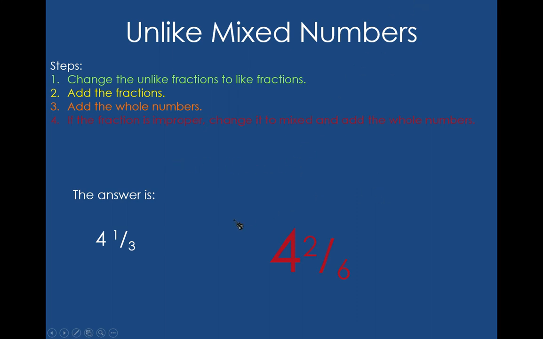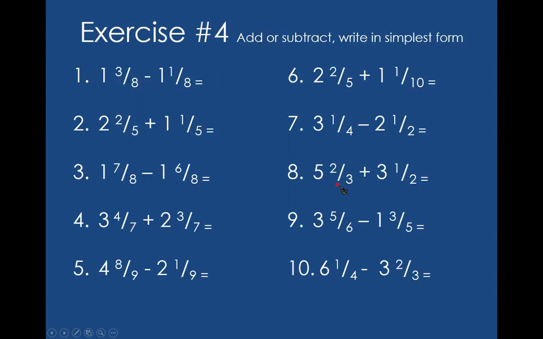Copy 4 because it is a whole number. Does 2 over 6 have a lowest term? Yes. Divide both by 2 over 2. So, it becomes 1/3. 4 and 1/3.